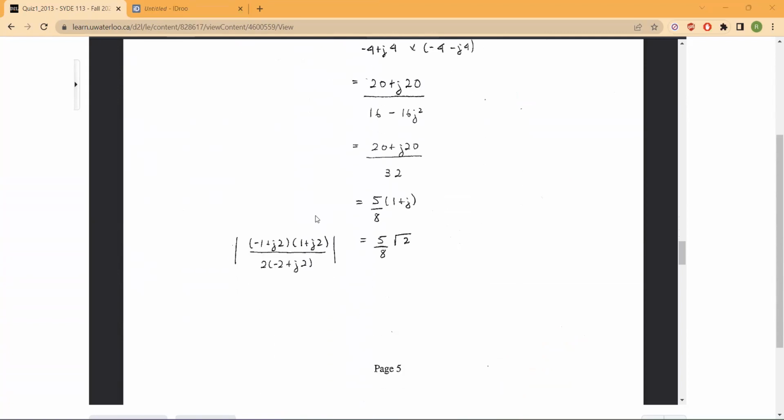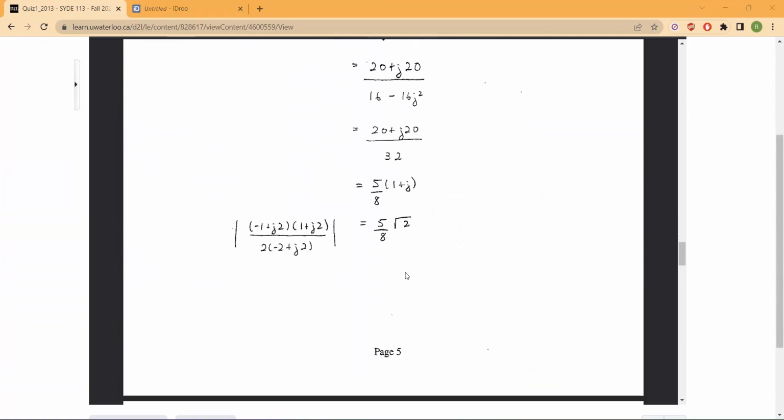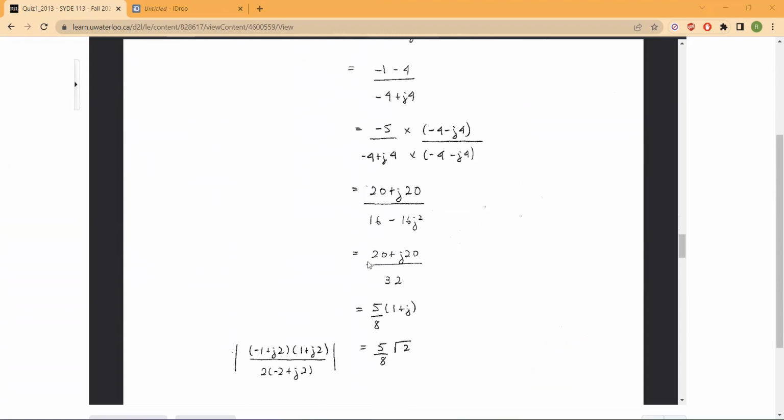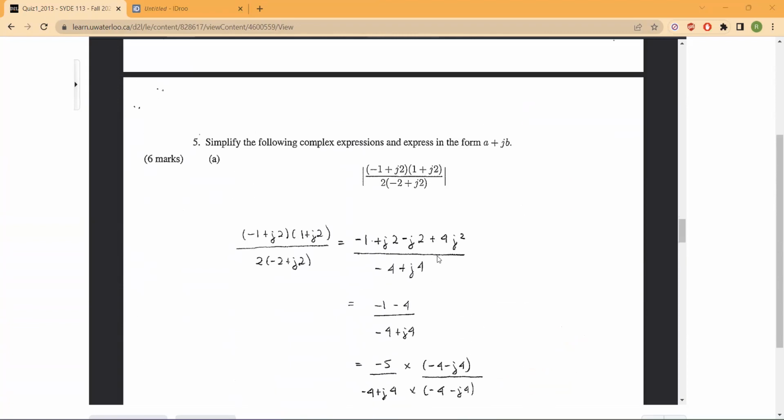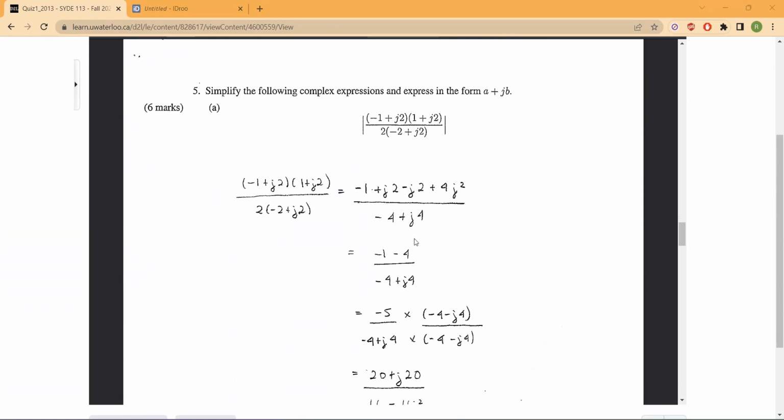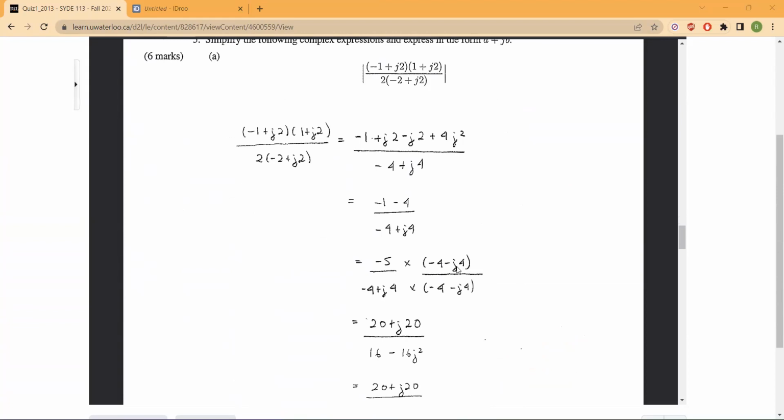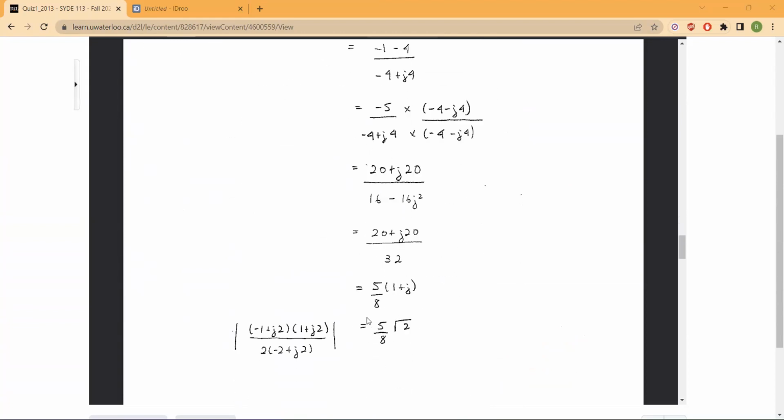Let's see if... I might have done something wrong, because they got something else. Okay, the reason that Scott got a different answer is she simplified it a bit more than me. I didn't think of doing that.